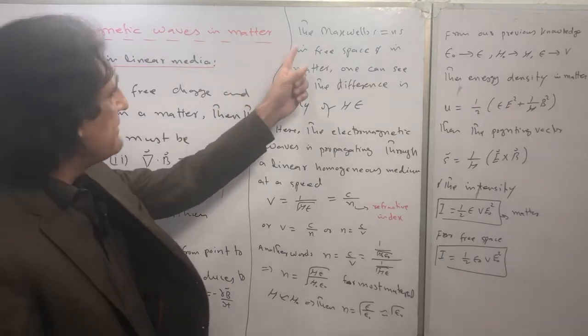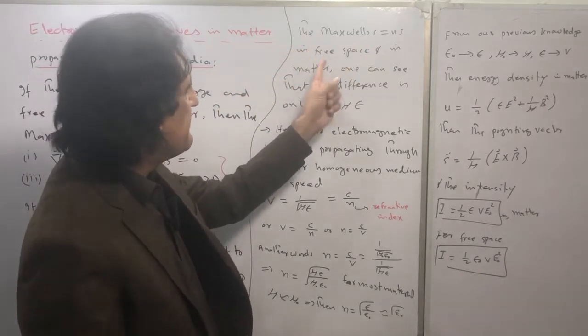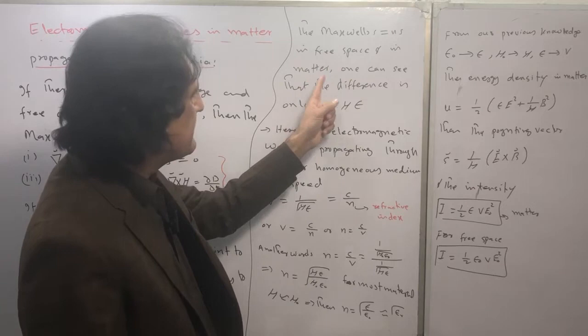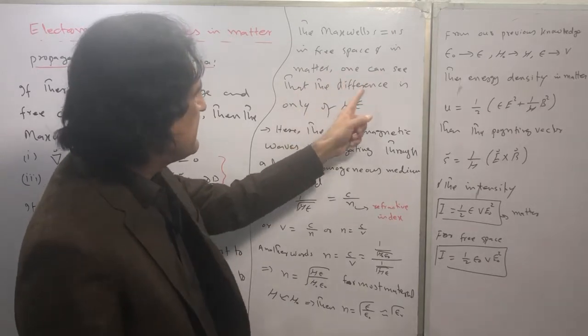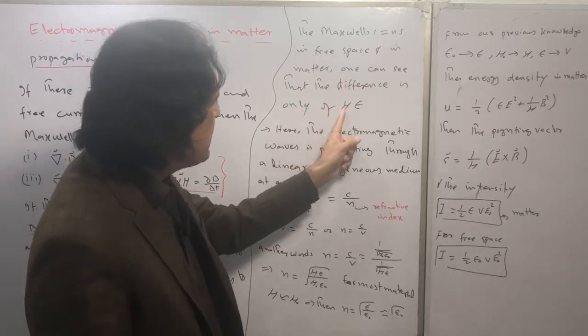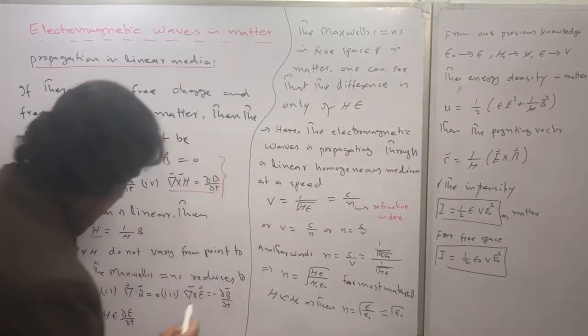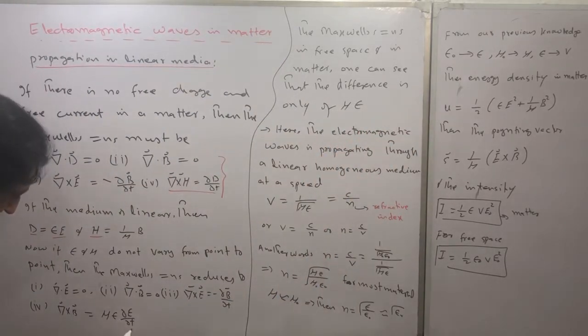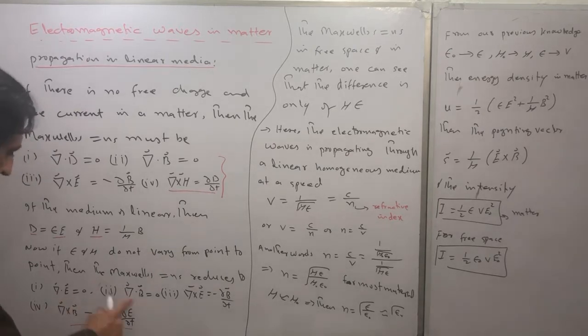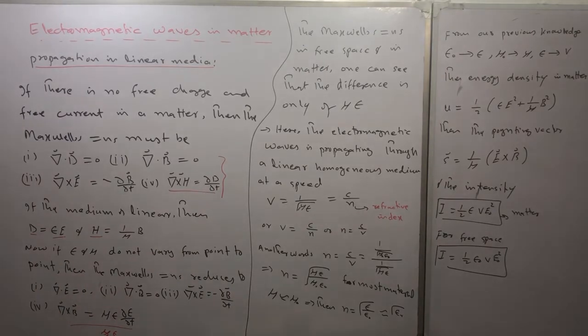So I have written the Maxwell equations in free space, and in matter one can see that the difference is only mu and epsilon. In free space we can replace mu by mu naught and epsilon by epsilon naught.